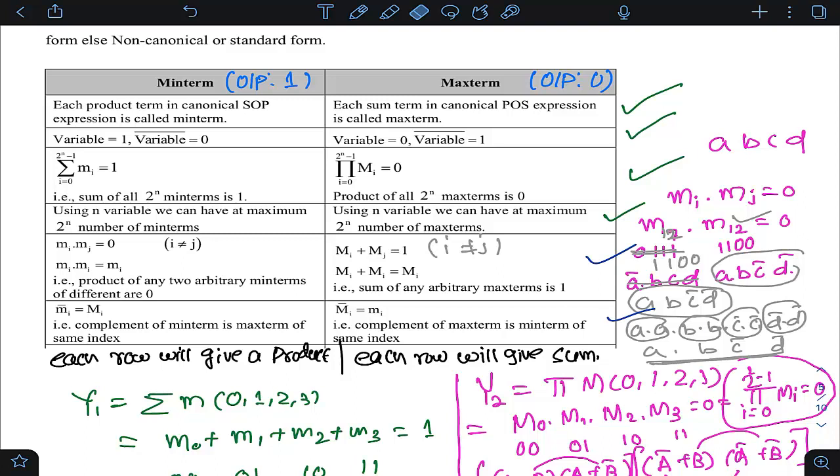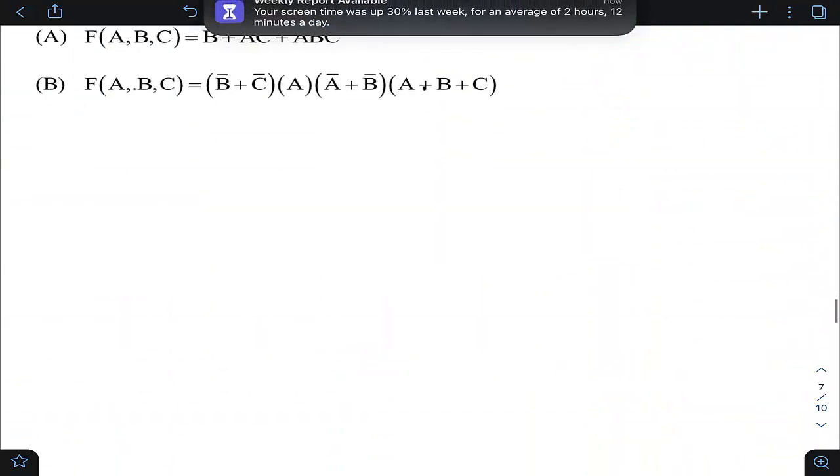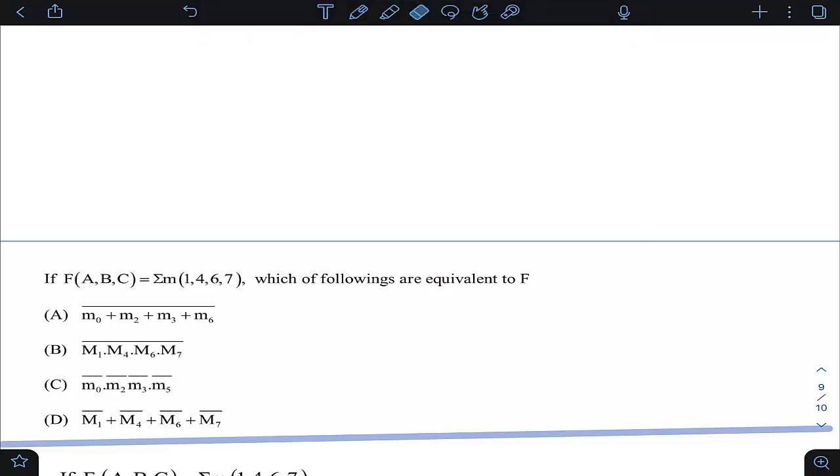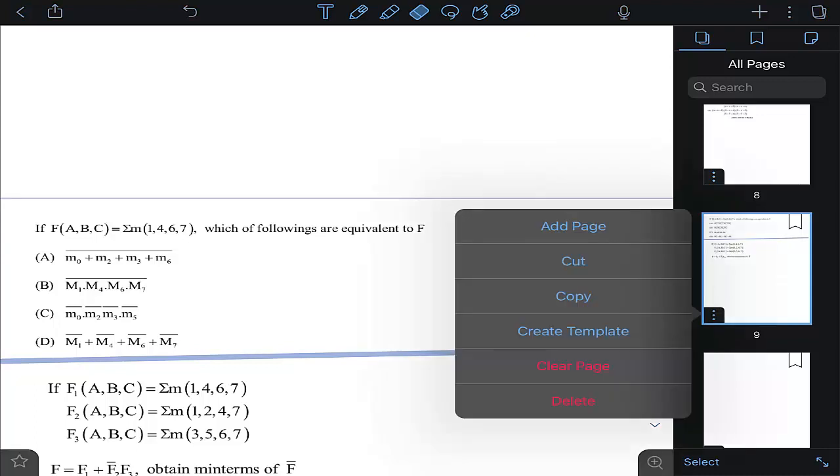So now let us solve a question which is based on this. Let me take a fresh page and we'll be solving it there.